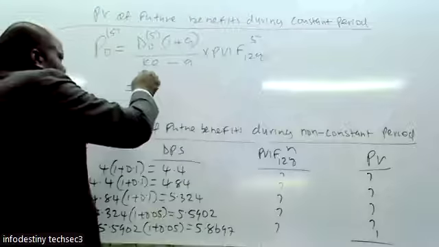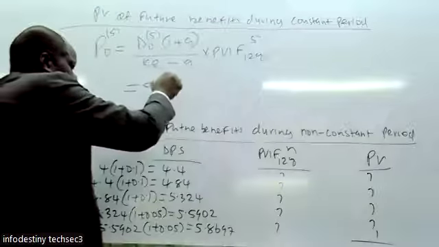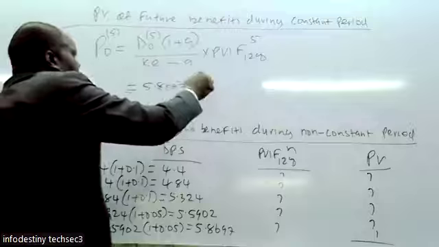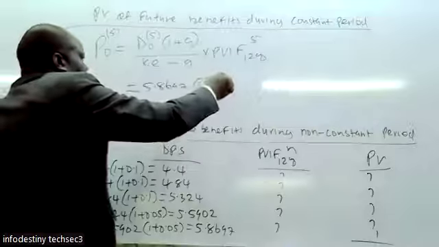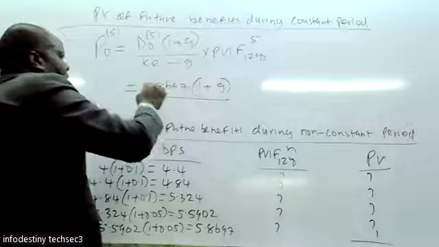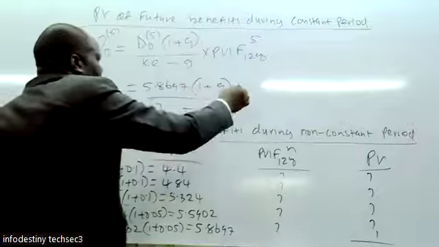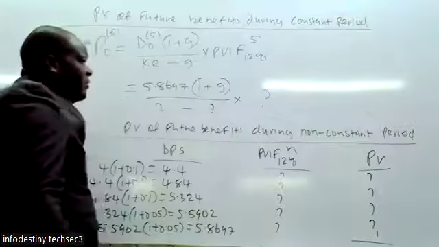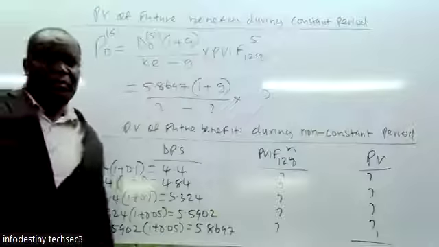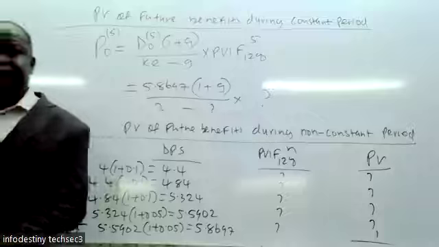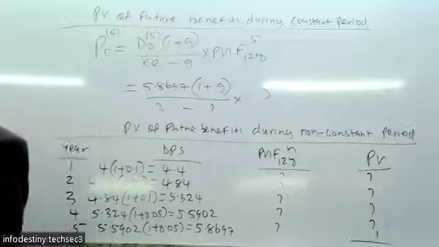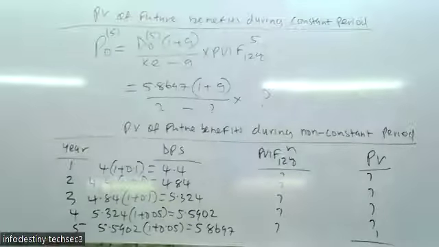So dividend is 5.8697, so 1 plus g divided by your Ke minus g. Then if you want to get those figures, you add them together to give you the value of the share.